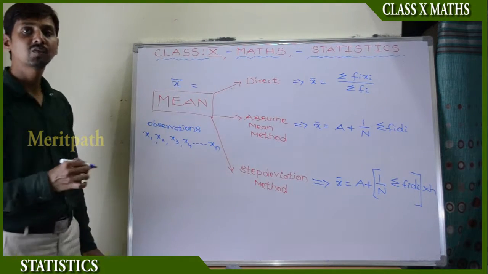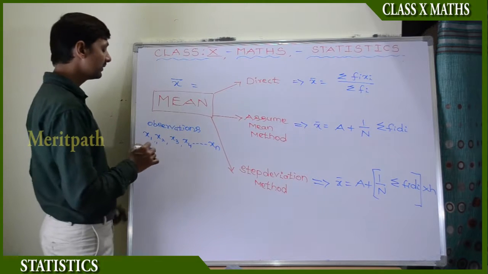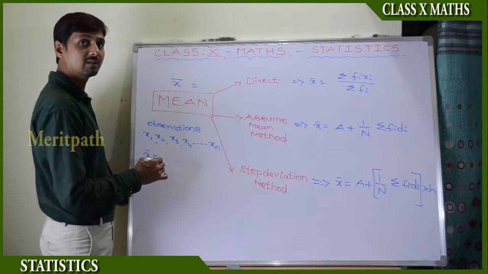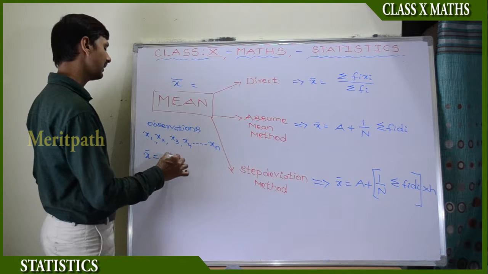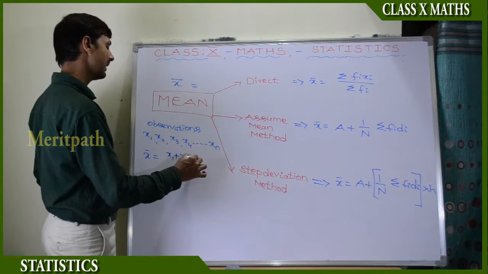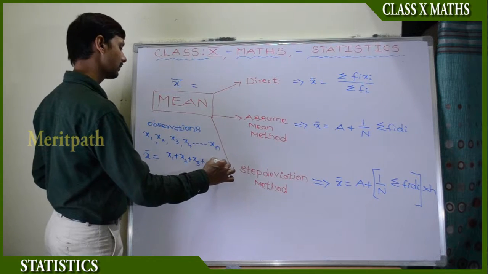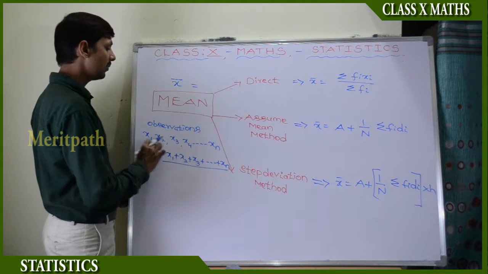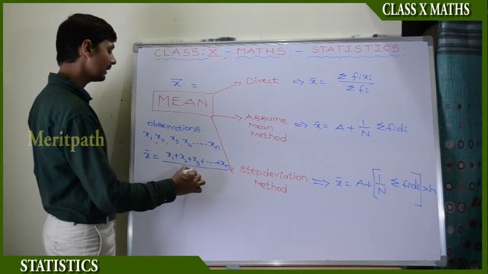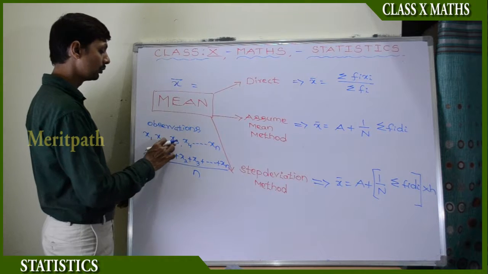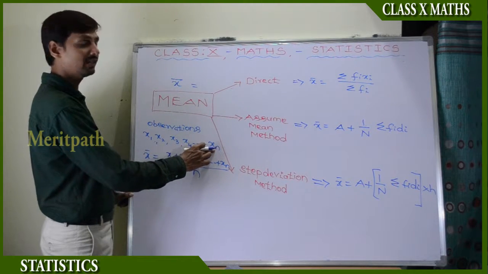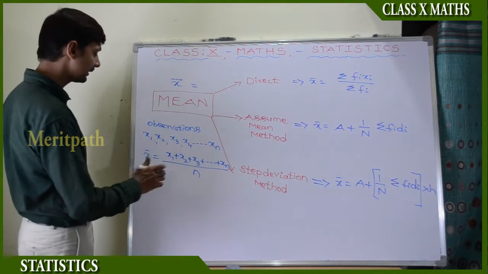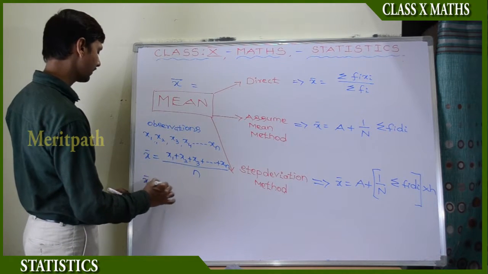To find the mean of these observations we take the sum of the observations, that is x1 plus x2 plus x3 and so on up to xn, divided by the number of observations. Here the number of observations is n, 1, 2, 3, 4 and so on. We have taken n observations, so the mean is the sum of observations by the number of observations.